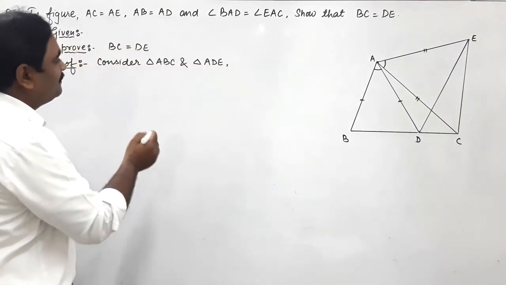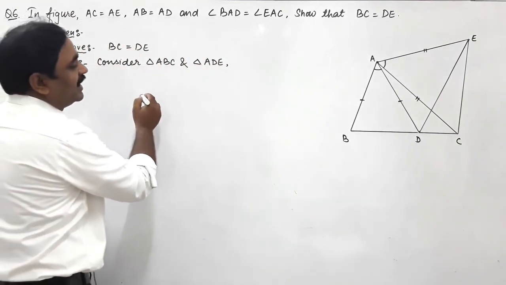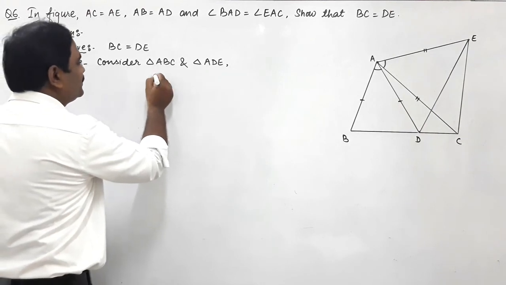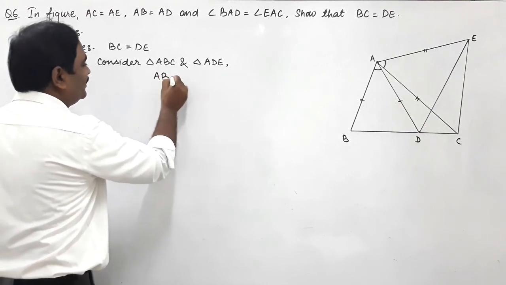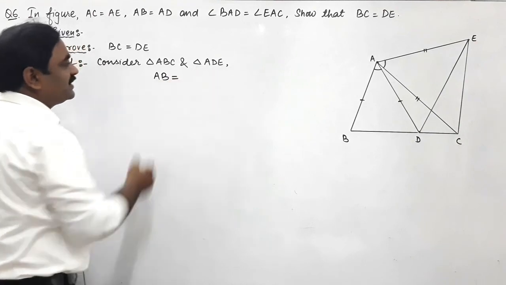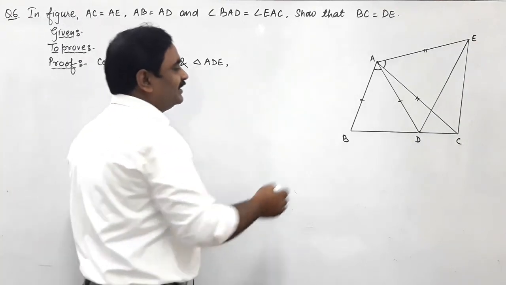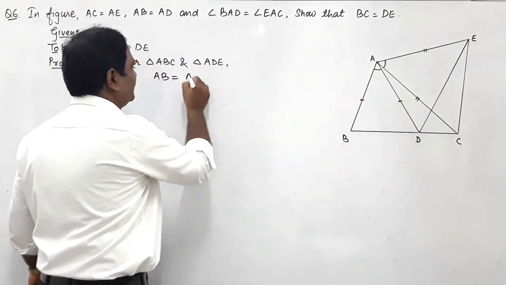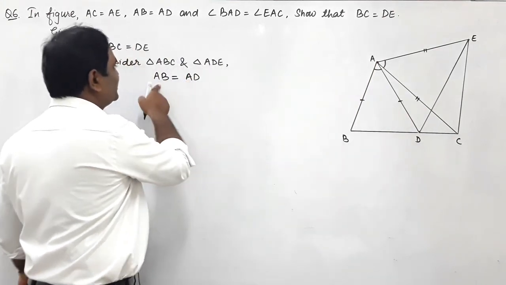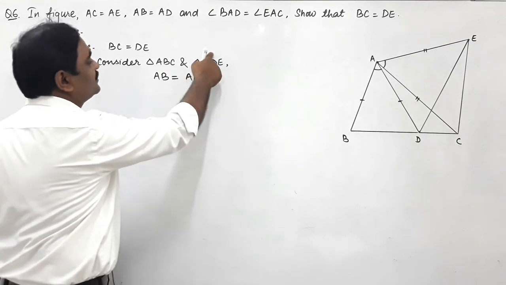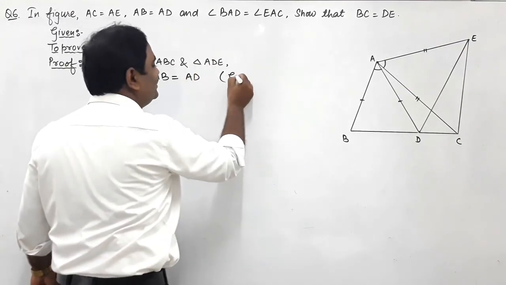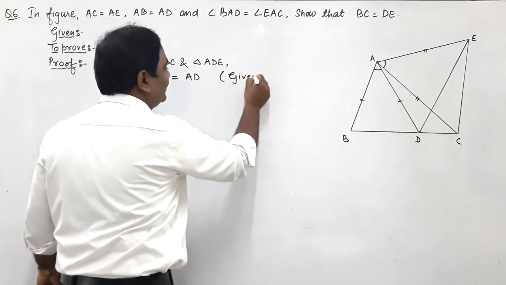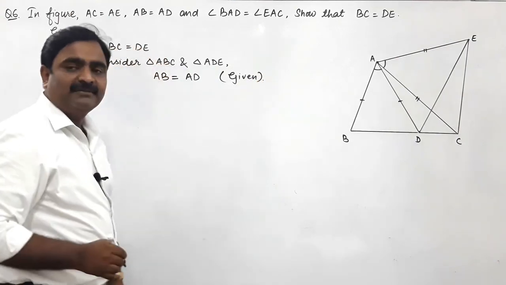In triangle ABC, side AB will be equal to, now coming to triangle ADE, AB is equal to AD which is given in this triangle. So AB is the side of this triangle, AD is the side of this triangle, and the reason is given, these two sides are equal, right?